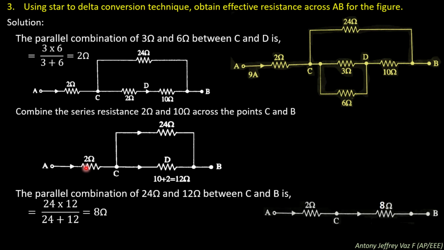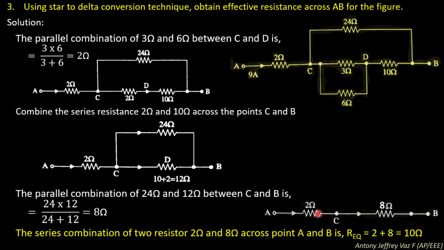So the 2 ohms will be the same, and this parallel combination is converted into a single resistance of 8 ohms. Now these two resistors are in series, so they can be added. 8 plus 2 is nothing but 10 ohms.